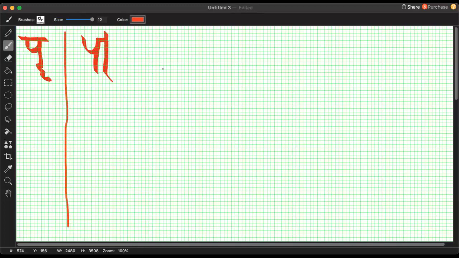This is R, and on the top, if I write another curve, it will become pru. If you want to achieve this in Sharda, you will first write the full po alphabet, and to that you will first make a pru, as I showed you. And R matra, below this, you just add another curve here. This becomes pru. So this is the matra. This is how it will look.